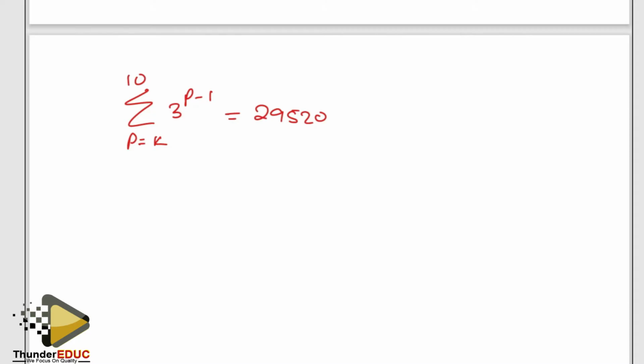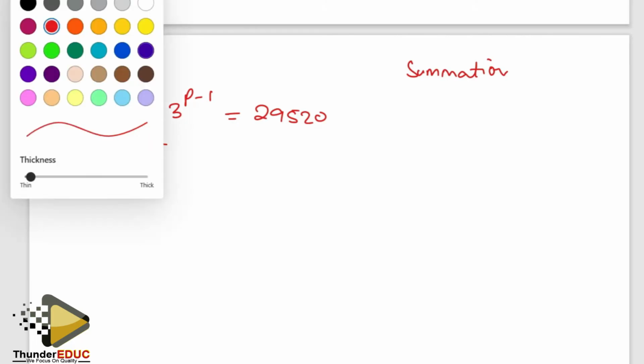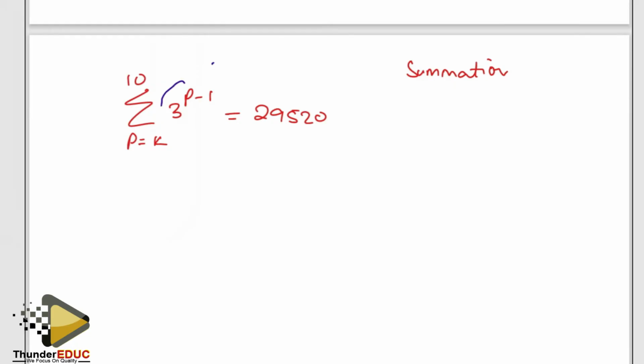Whenever we see sigma notation, what comes into our mind should be the sum or the summation of terms. But looking at this component here, it says a lot about the type of sequence that we're dealing with.